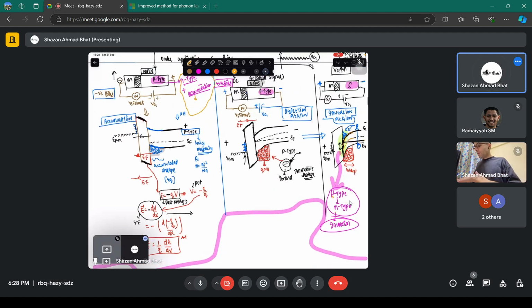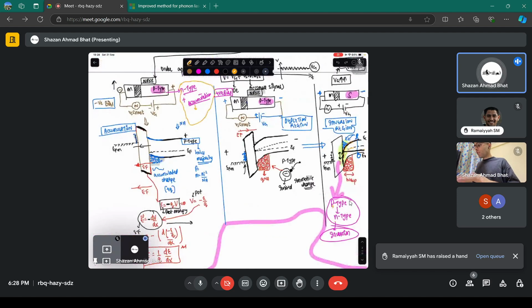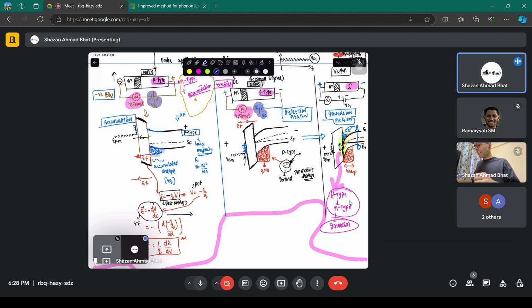Okay, so now what happens? Yet we did not talk about this particular small signal. We just varied this particular gate voltage. Now we have to talk about small signal. In all these three scenarios, we didn't assume any small signal to be applied. We just considered that we are varying gate voltage.